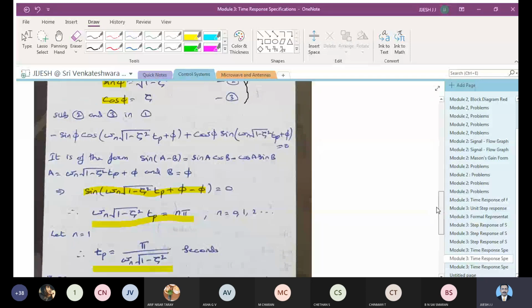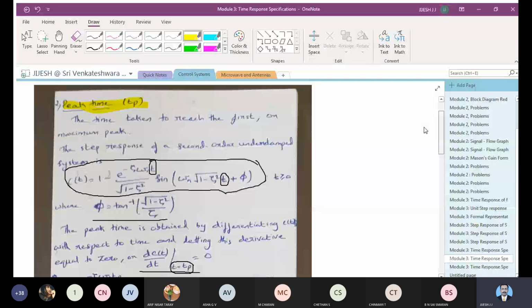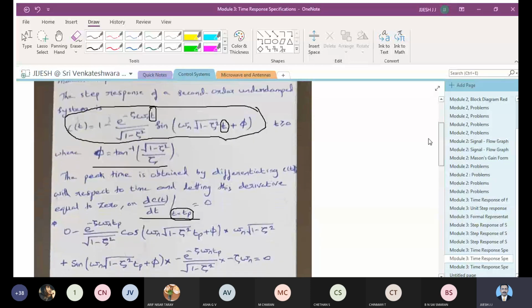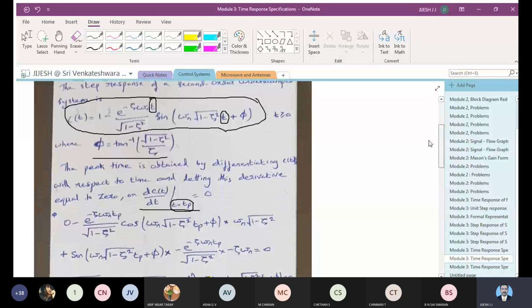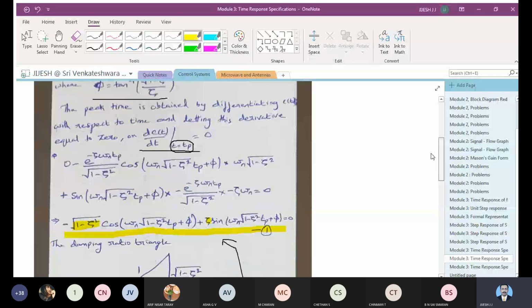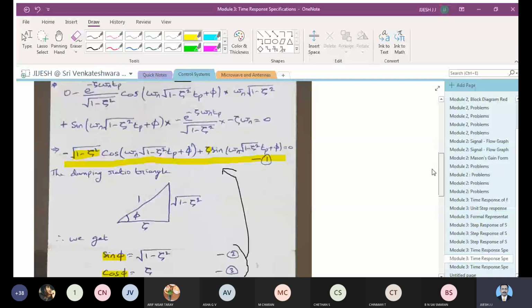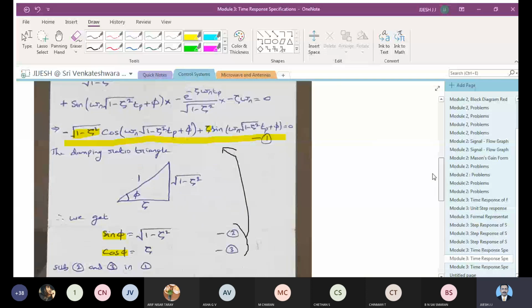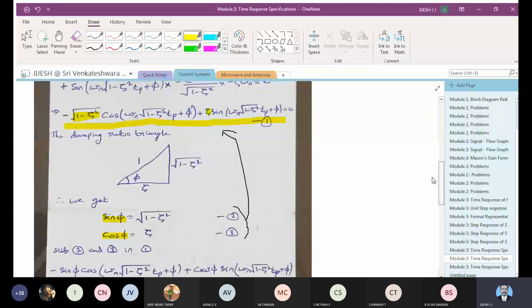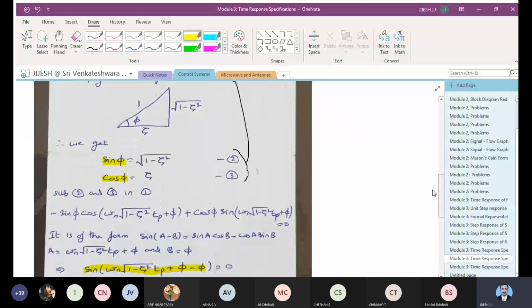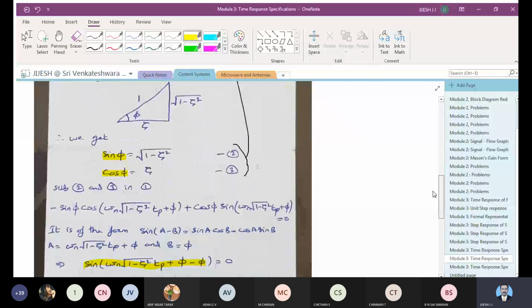So this is the equation for the peak time what we have been discussing. This C of t we have taken, phi we already know. We have done the differentiation with respect to t, substituted t is equal to Tp and equated to 0, and then taken the triangle and found the equation for sine phi and cos phi, substituted root of 1 minus zeta square as sine phi and zeta as cos phi, then used the trigonometric relation sine A cos B minus cos A sine B is equal to sine A minus B, where A is omega and root of 1 minus zeta square Tp plus phi and B is phi.